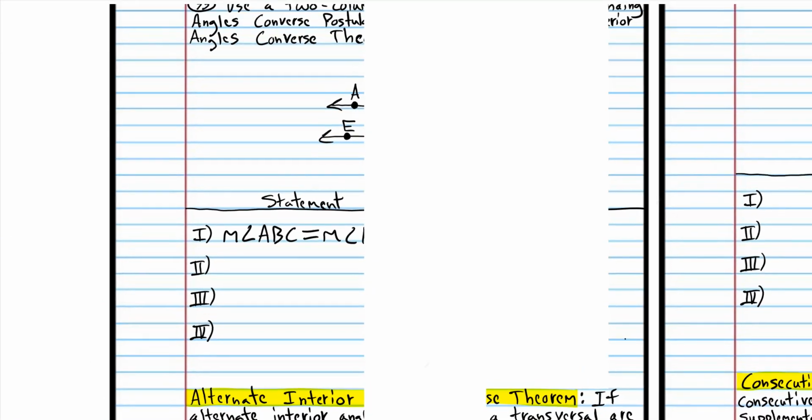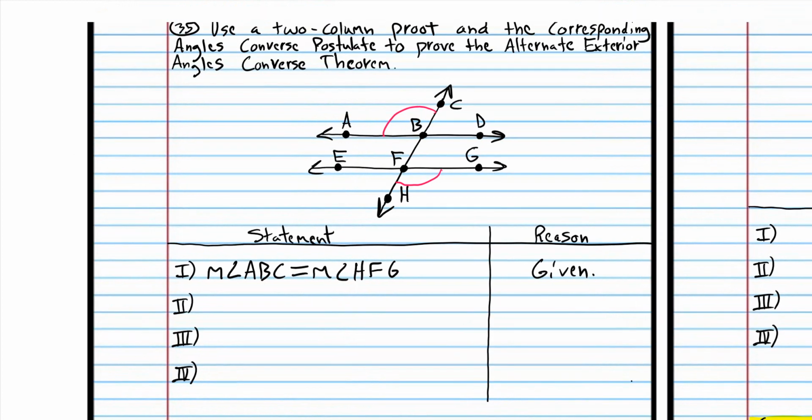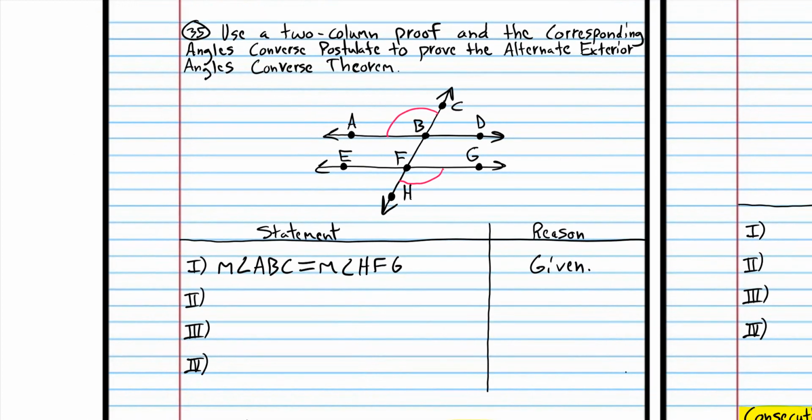So we assume that alternate exterior angles are congruent. We're going to show that the lines are parallel. Now, I know that the measure of angle ABC is equal to the measure of angle FBD.